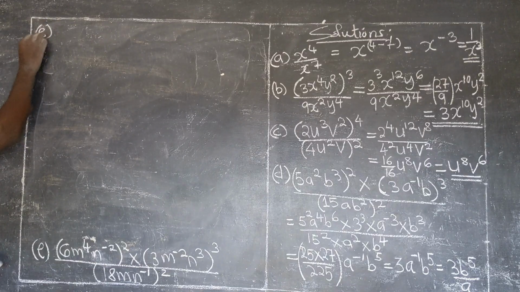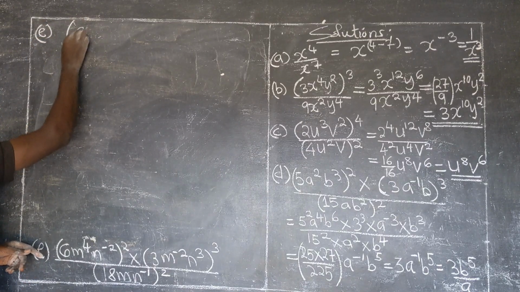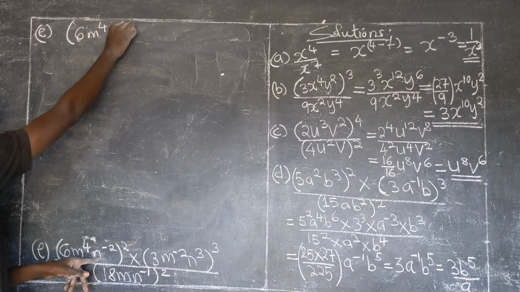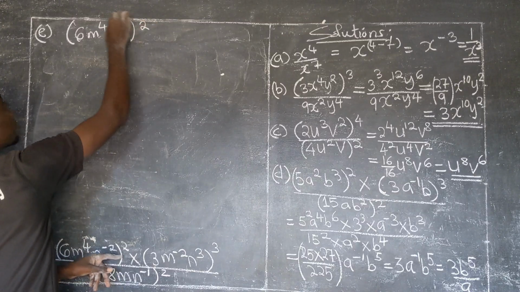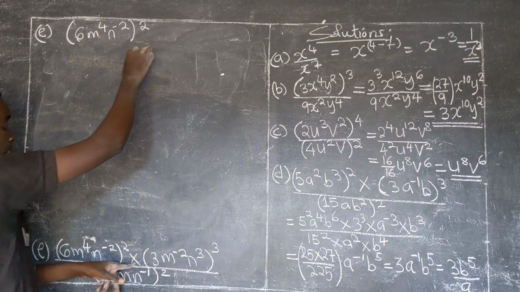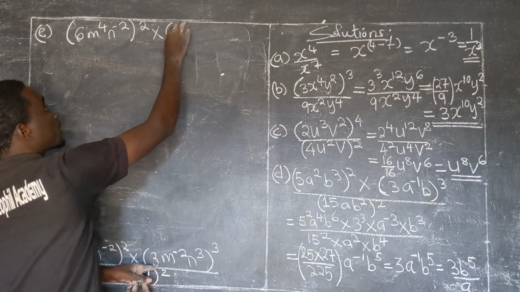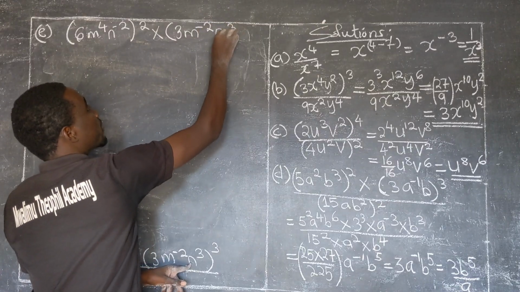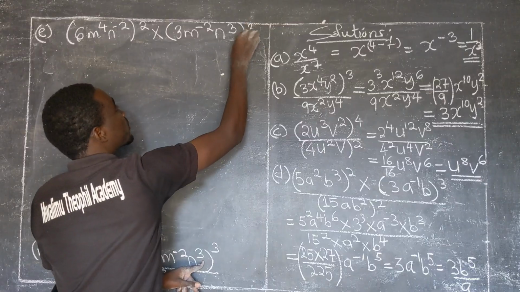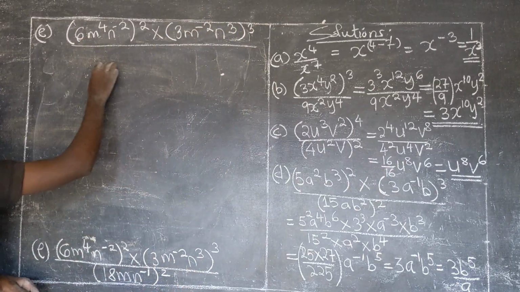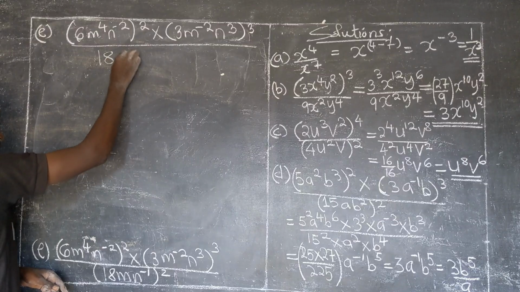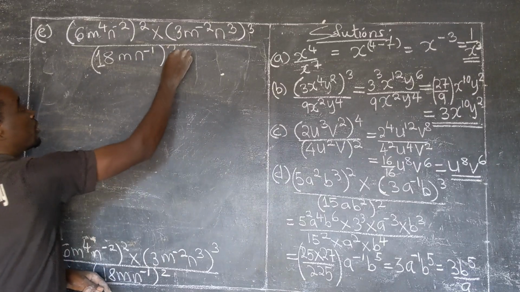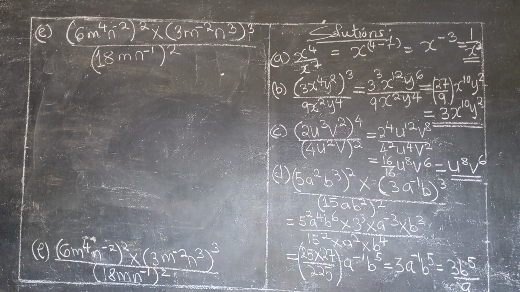In E, we are given that bracket 6m raised to 4 times n raised to negative 2 bracket square times opening bracket 3m raised to negative 2 times n raised to 3 bracket raised to exponent 3 divided by 18m raised to 1. The whole raised to 2. So this is E.